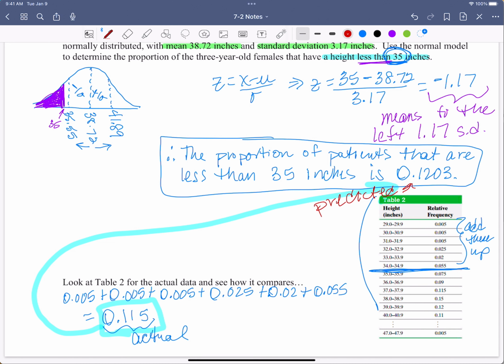We've talked about this. And look how close it is to my actual data. We are looking at 0.12, and if I round this up, 0.12. That's dang close. And that's what we're talking about.